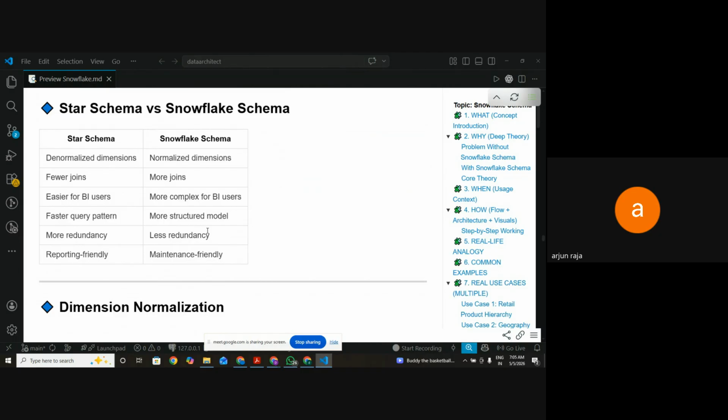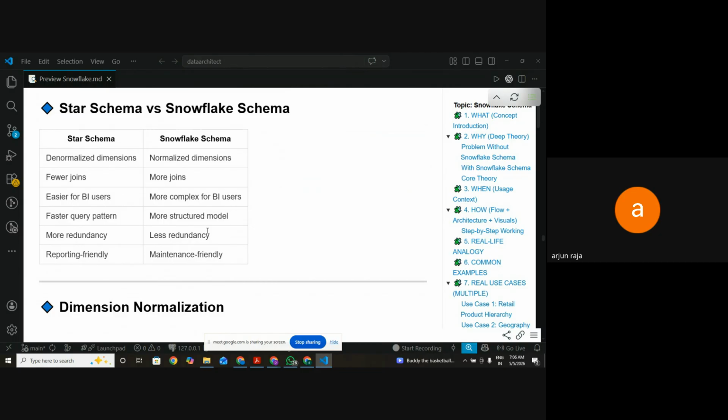Star schema will have fewer joins, but Snowflake will have more joins, because we will have a lot of dimension tables. You can think of it like organizing everything in separate drawers. To collect that, you need to go here and there, so more joins are required, definitely.